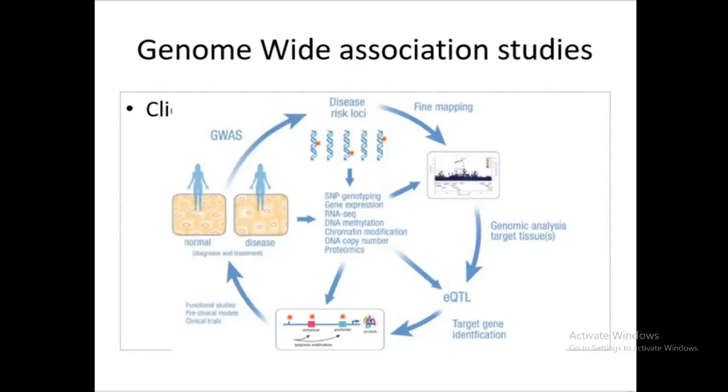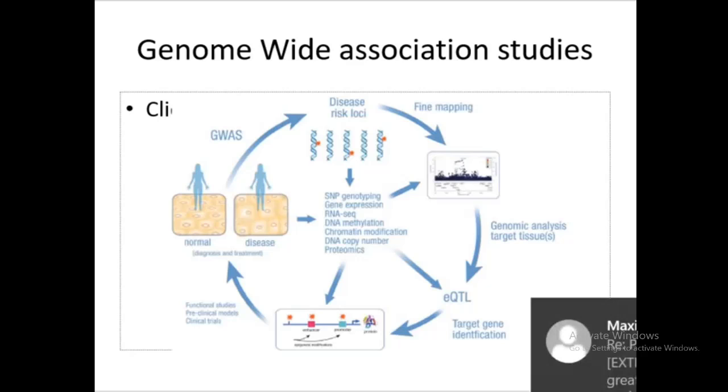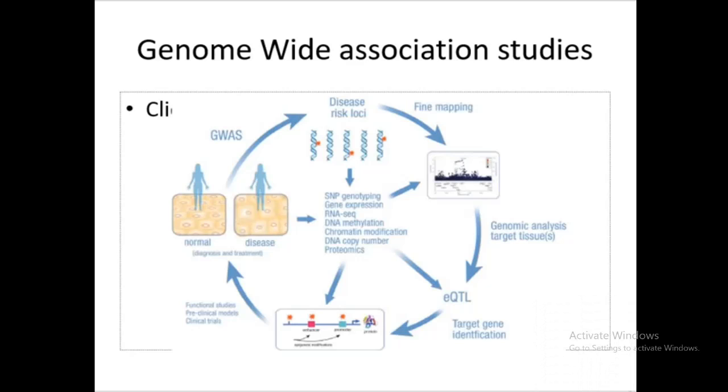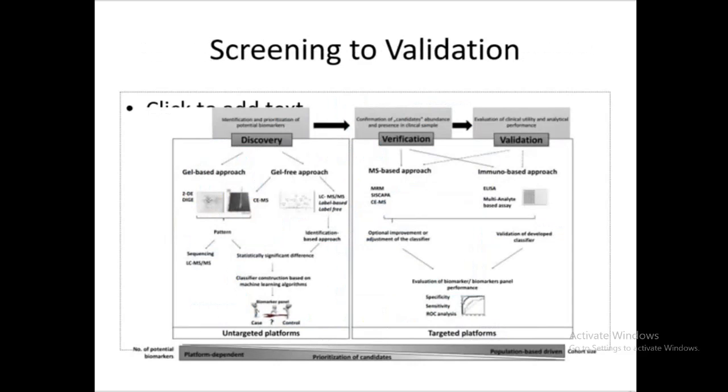By going through that process, you can identify gene targets and verify their potential role in the disease, which brings you closer to identifying and validating a biomarker for that disease. So that's one way you go about it from a genomic point of view.